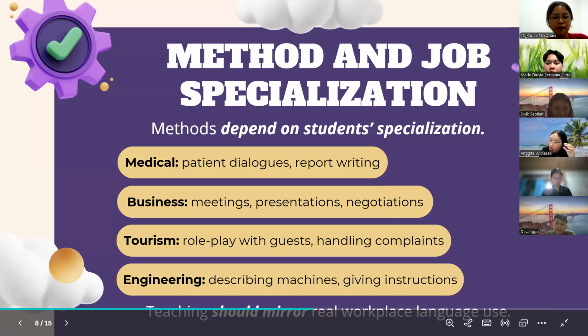Third, tourism students. The tourism students practice welcoming guests, explaining tour plans, or handling complaints. And the last one, engineering students. The engineering students describe technical processes, machines, or safety procedures.